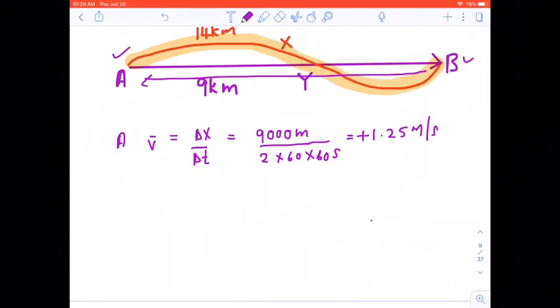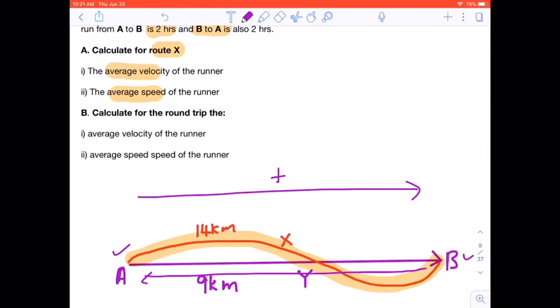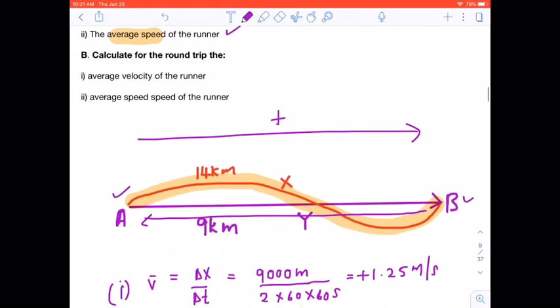Let's look at the next one, part 2, which says we need to determine the average speed of the runner.